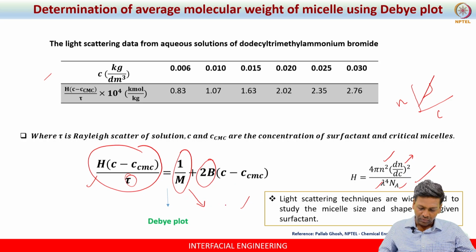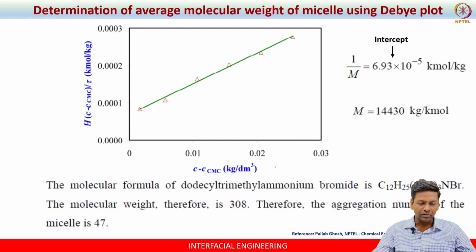When you plot them in this fashion, a straight line will be formed, and the slope of the line will give you the second virial coefficient. What is important for us in this plot is the intercept, right? One can calculate the intercept from this data, and that can be used to calculate the molecular weight of the micelle.